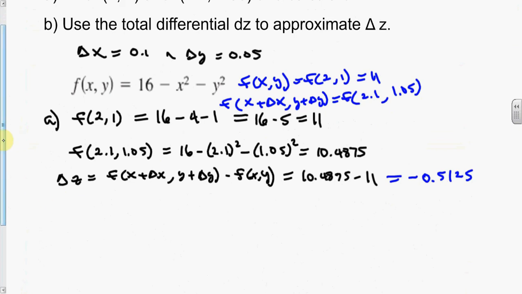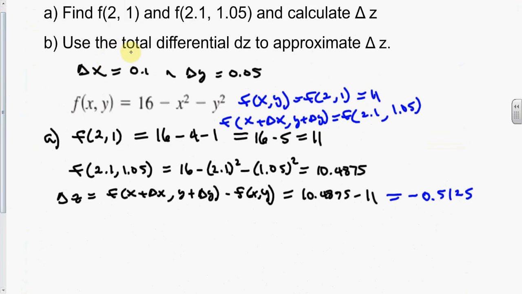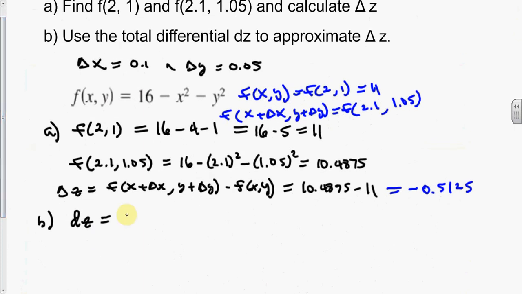So it says I need to find the total differential, dz. So this is the partial of f with respect to x times dx plus the partial of f with respect to y times dy, excuse me.